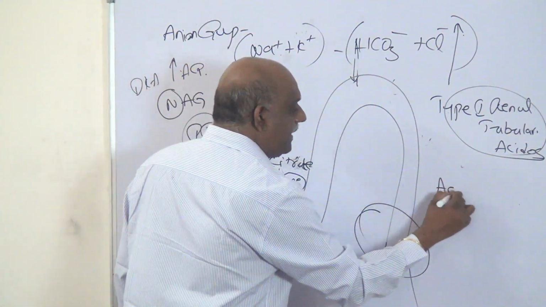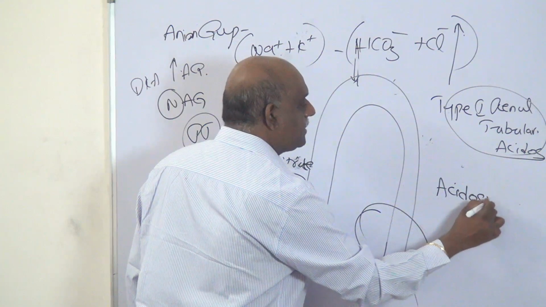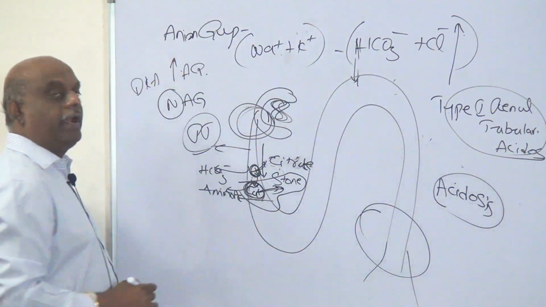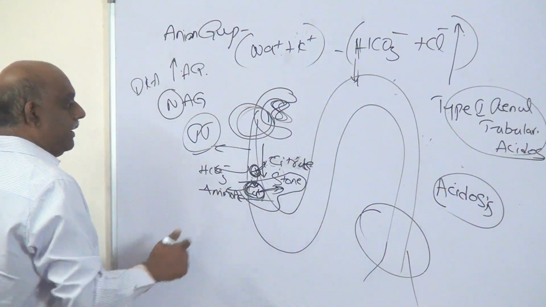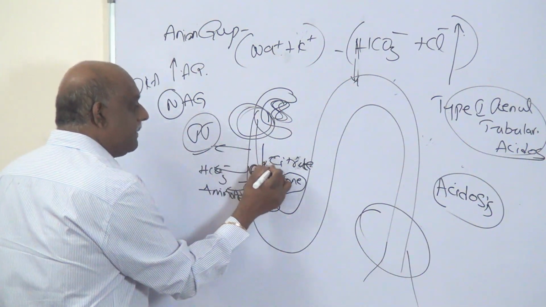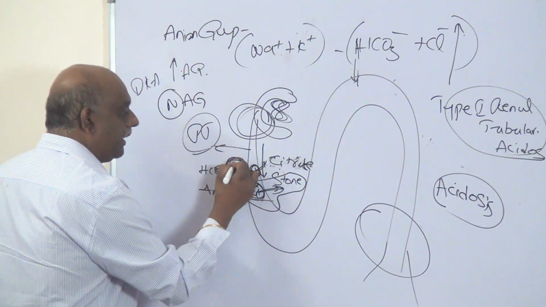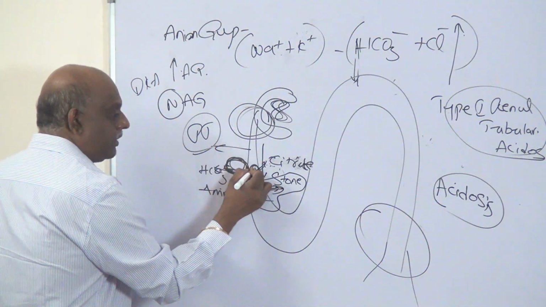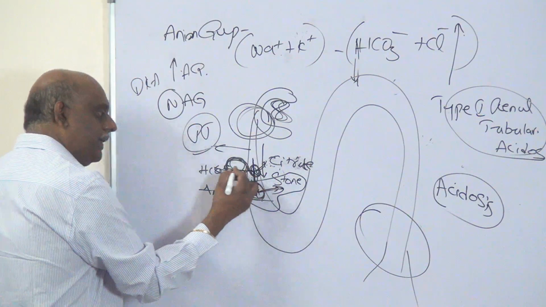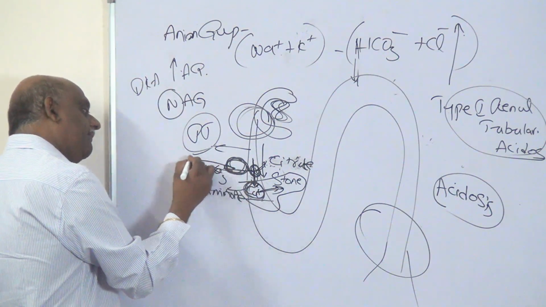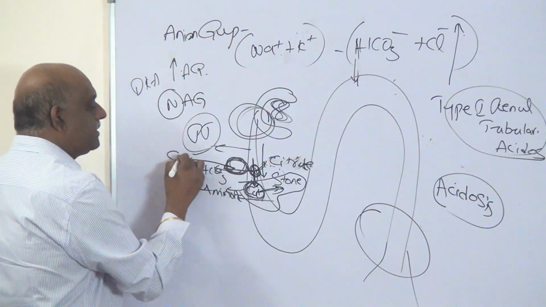When there is continuous acidosis, there is increased absorption of bicarbonate from the tubular lumen into the tubular cell, and from there into the serum.